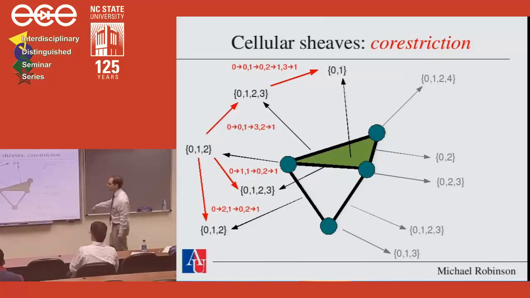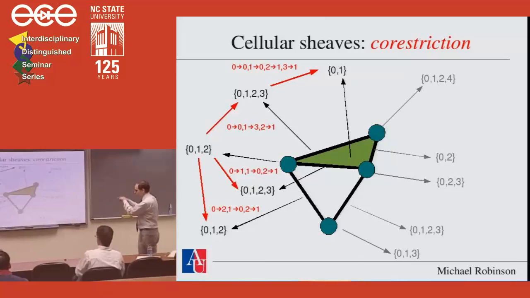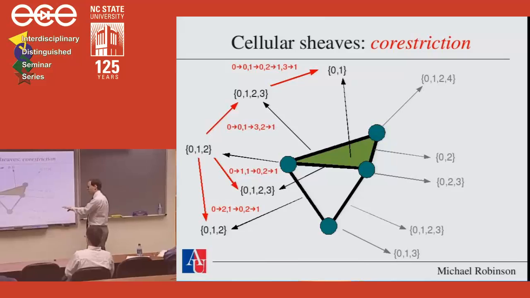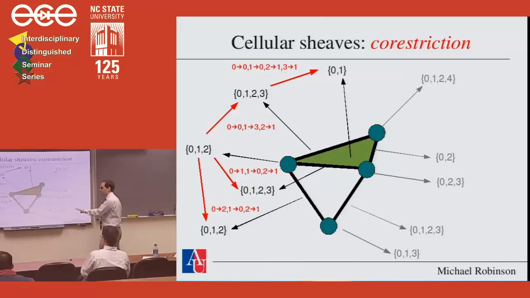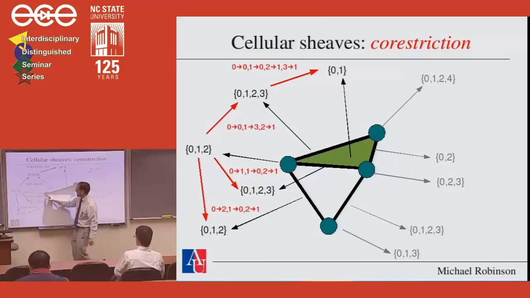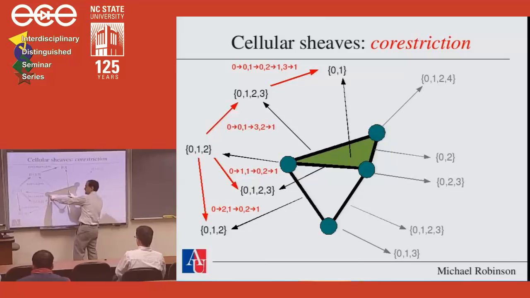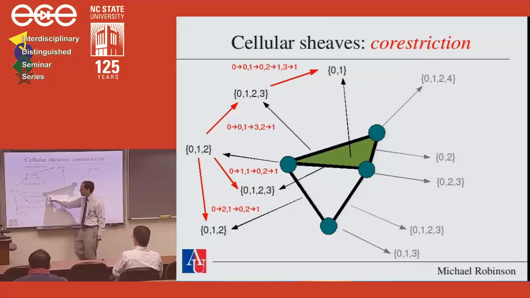There are a lot of these maps, for every pair of cells that are in face relation to one another. Say, this guy here: there's a map from this vertex to this edge to this face. Similarly, there's another path that goes from this vertex over to this edge to this face.